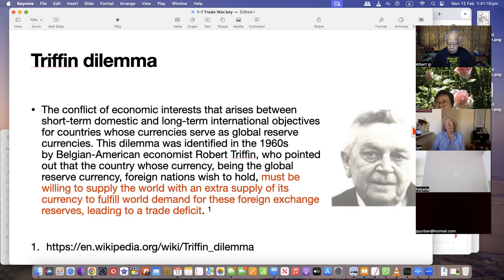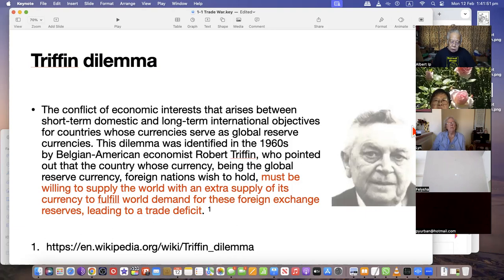This dilemma was identified by a Belgian-American economist who pointed out that the country whose currency is the global reserve currency, which foreign nations wish to hold, must be willing to supply the world with an extra supply of its currency to fulfill the world's demand for these foreign exchange reserves, leading to a trade deficit. So that is a very straightforward explanation.